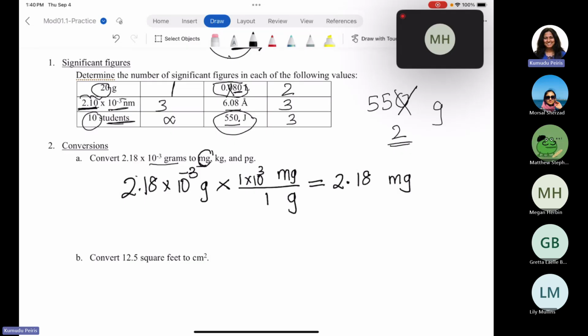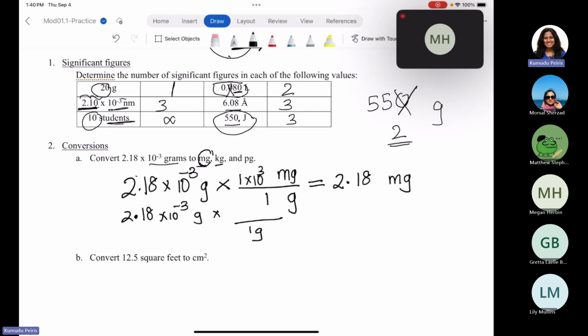And the next one, 2.18 times 10 to the negative third grams. Again, we'll get the 1 gram in the denominator, and then we'll get the relationship between grams and kilograms.